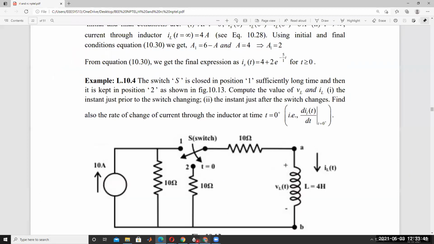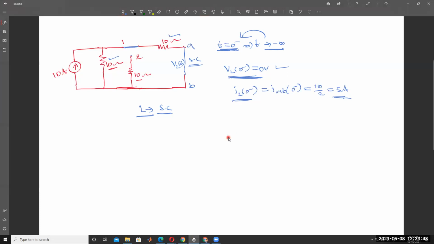That is about t equal to 0 minus. And then at t equal to 0 plus, what happened? At t equal to 0 plus, the switch is in position 2.